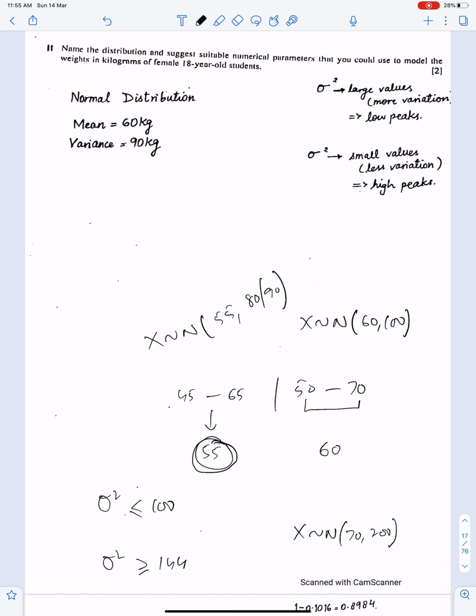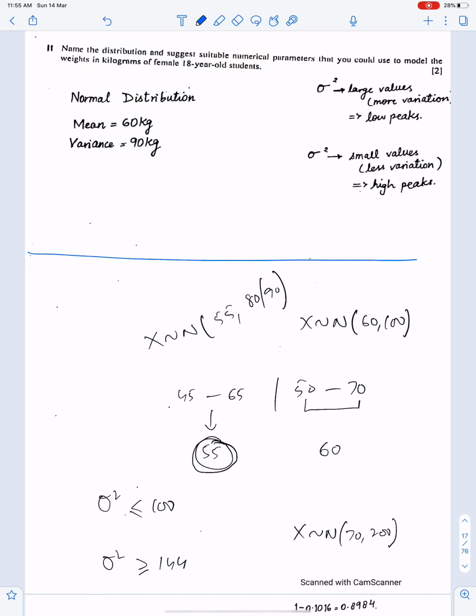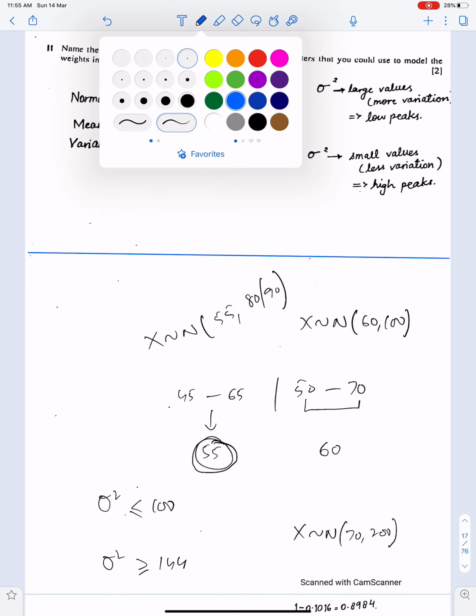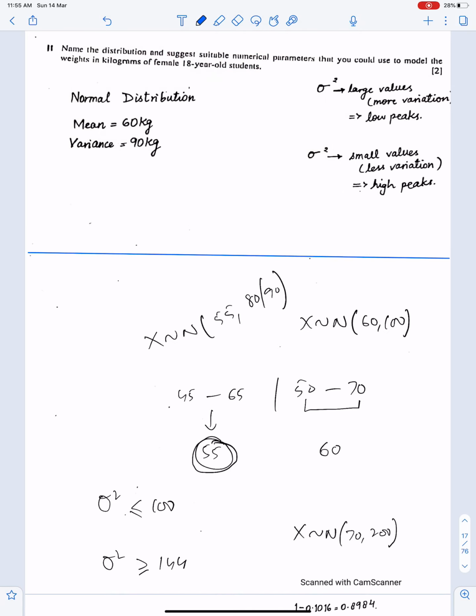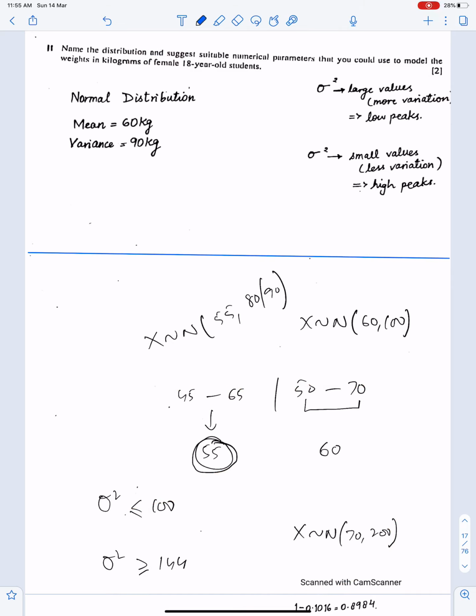This student wrote this. Of course, there are some ranges in the marking scheme. You will find a range of answers. I already have explained how to write the answers. So this is one way, second way, and the third way. This student uses this way. So 60, 90, that's the final answer.